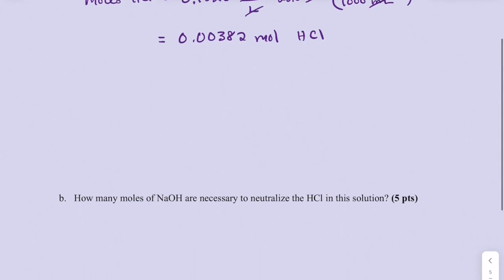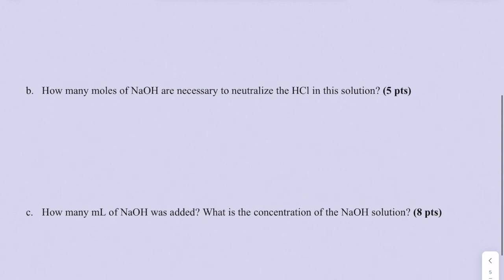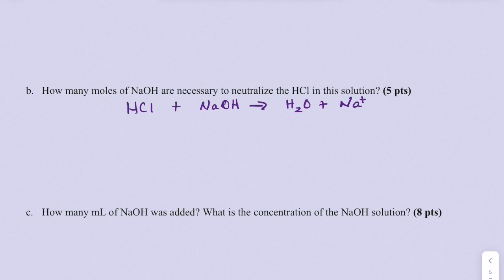All right, part B. And again, that's all we were asking for in part A is the moles. Part B wants to know how many moles of sodium hydroxide we're going to have to add to neutralize the HCl. So remember, we're adding the sodium hydroxide from the burette, but this is a simple one-to-one relationship, HCl plus sodium hydroxide, simple acid-base reaction, with a sodium chloride salt if we were to evaporate it.